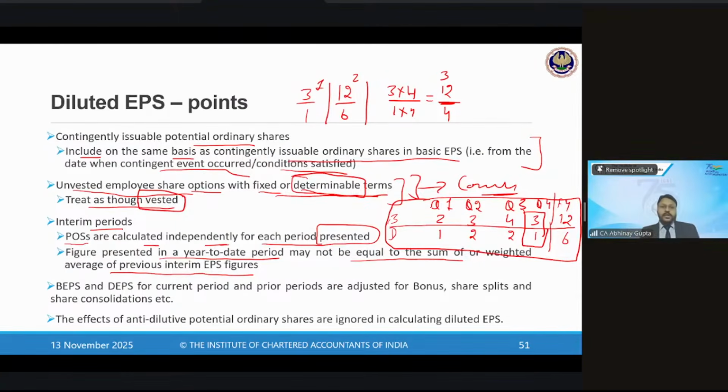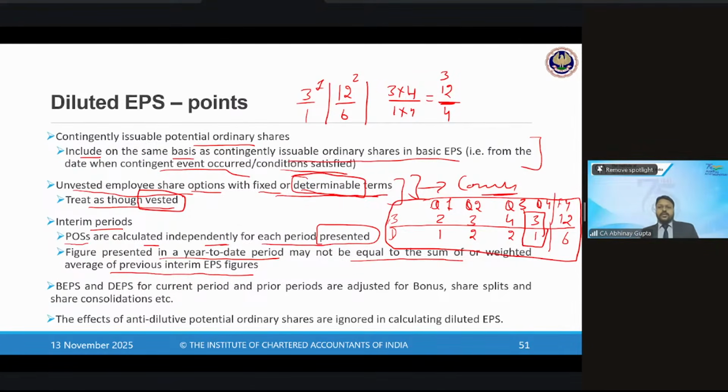Okay, let me put it another way. Basic earning per share and diluted earning per share are the measures for a particular period, or is it always for the full year? For the particular period. So when we calculate it for Q1, it means it is for April, May, June profitability. When we calculate for Q2, it means it is for the July, August, September profits.